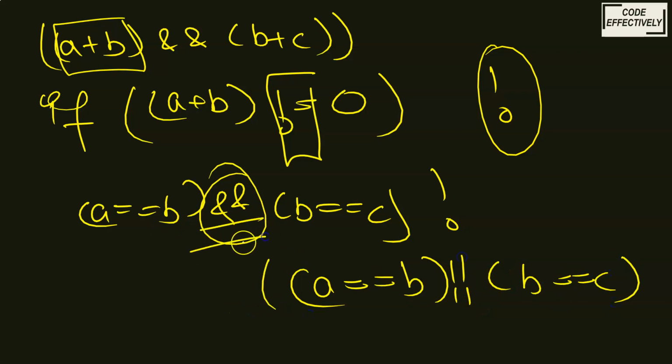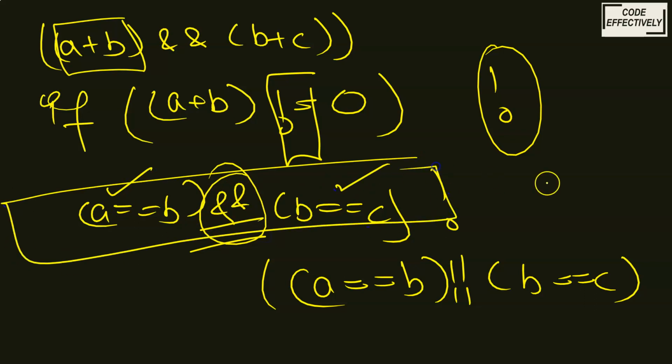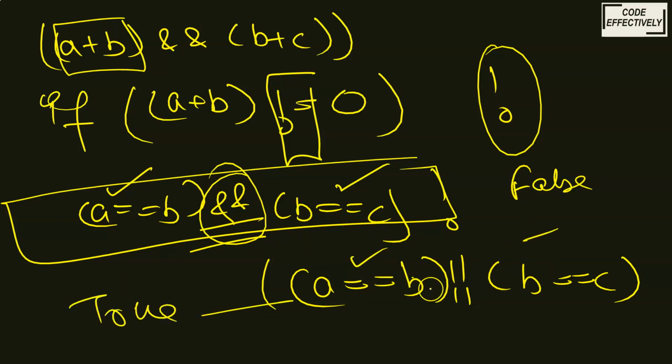In AND, if both the conditions are true, then only it will return true, else it will return false. But in OR, if any one of the conditions is true, then it will return true. If both the conditions are false, then only it will return false. This is the main difference between AND and OR. Let me give you a clearer picture.